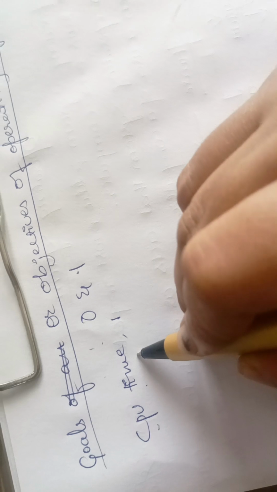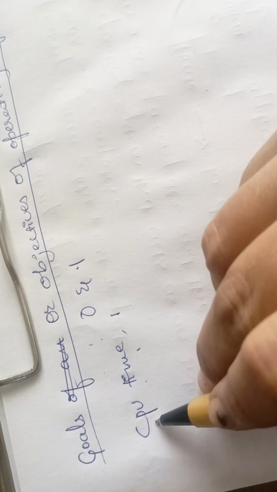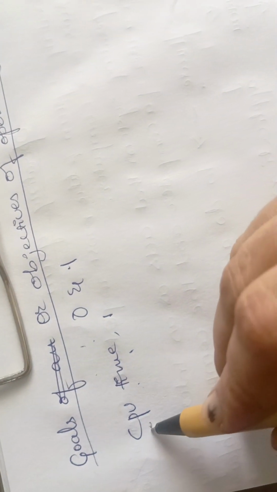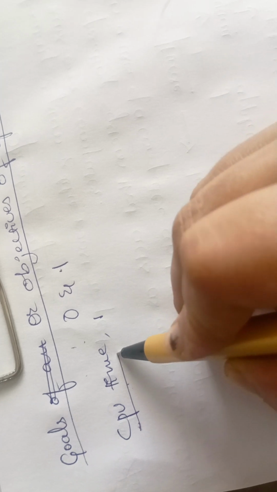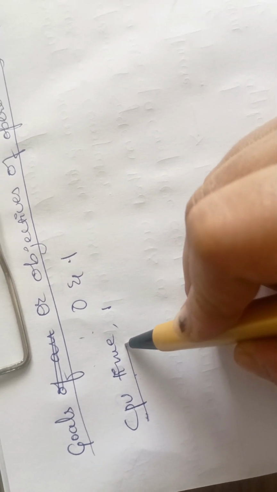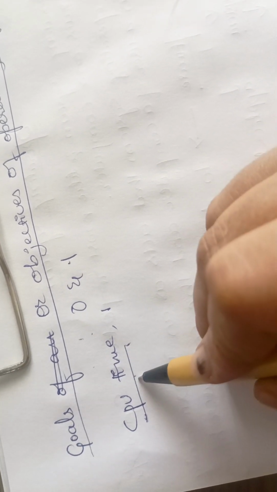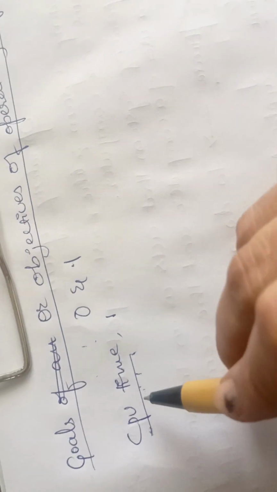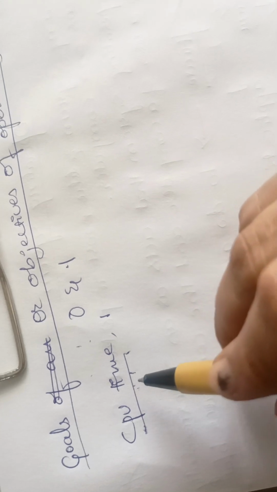If the CPU sits idle, it is a waste of time, and then there is no need for the system, manpower alone would be enough, right? That is the reason CPU time is very important. To manage CPU time, we require the operating system. The operating system is very useful in managing CPU time.